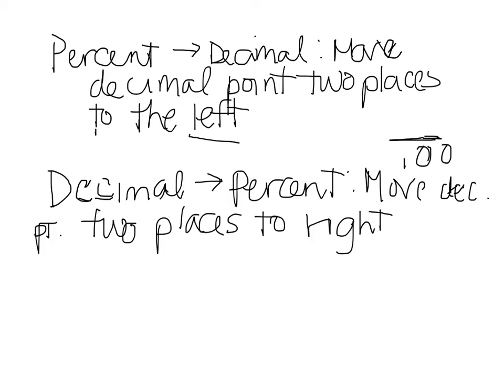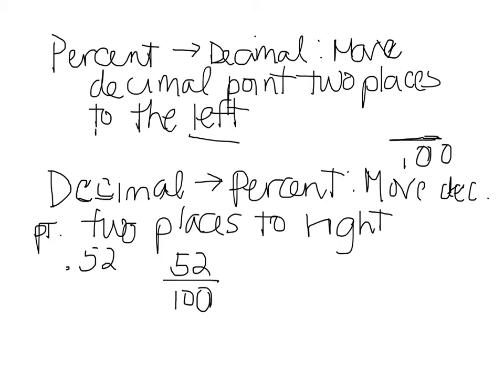Here is another way of thinking about it. We've been practicing reading decimals as we do our conversions. If I say this number, you know that the way we read that is 52 hundredths. And of course, out of 100 is percent.